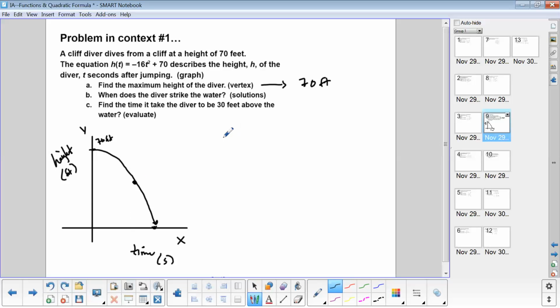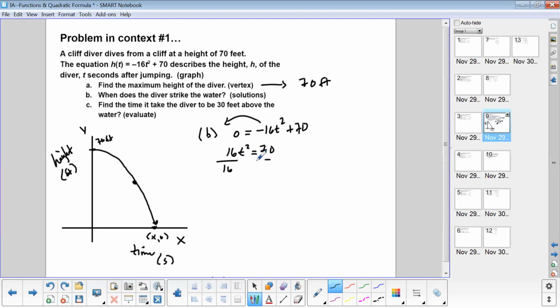Part B asks when the diver strikes the water. When the diver strikes the water, this is an x value and y is 0. So we're going to substitute 0 for y into our equation. Since this is negative, I'm going to add it to the other side, take the inverse, so I get 16t squared equals 70.